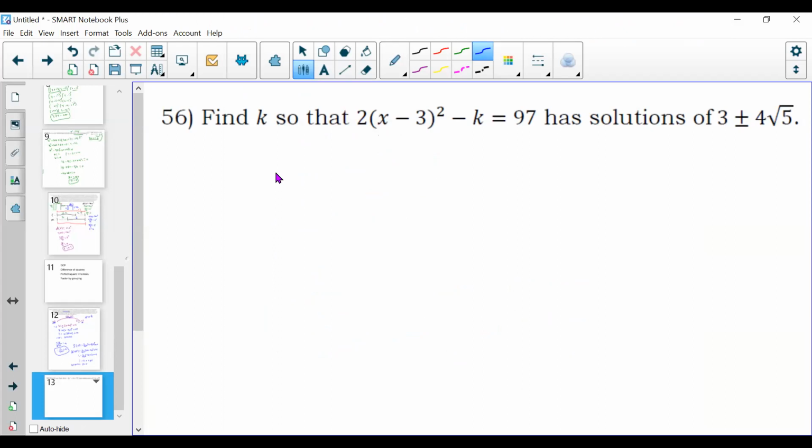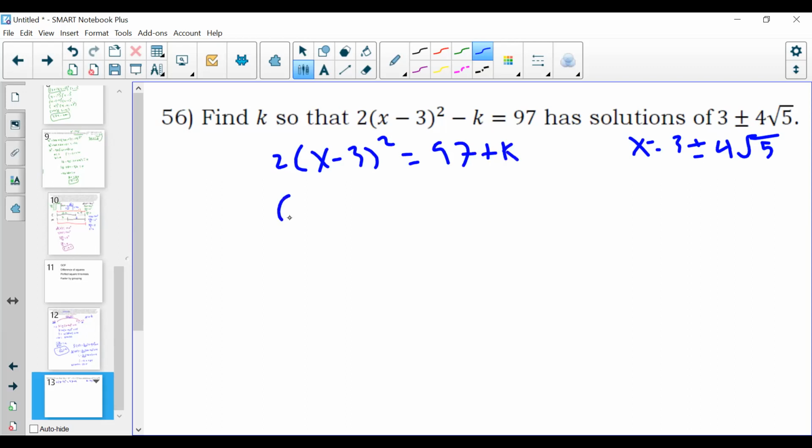All right, so I want to define k values so that 2 times x minus 3 squared minus k equals 97 has these four solutions. So I know that x has to equal 3 plus or minus 4 root 5. So I'm going to solve this for x to see what I get. I can add k over to get 2 times x minus 3 squared equals 97 plus k. Divide each side by 2. X minus 3 squared equals 97 plus k, all divided by 2.